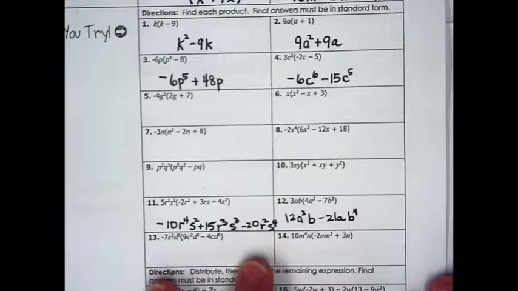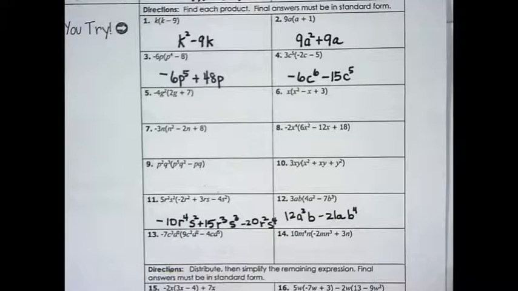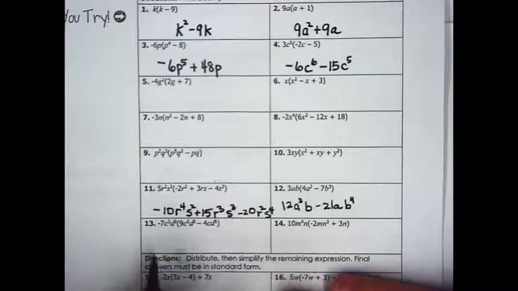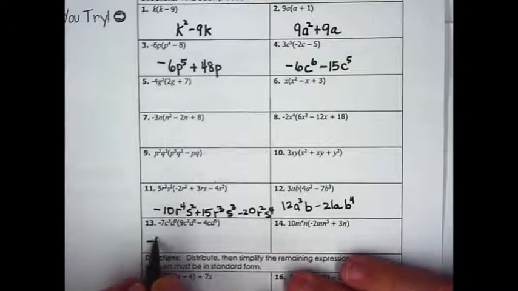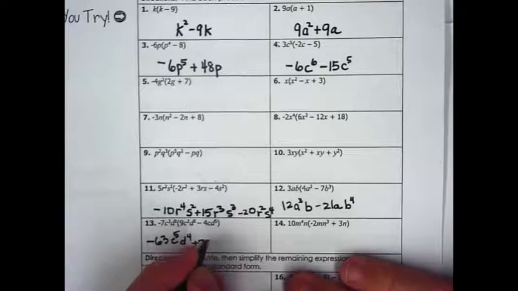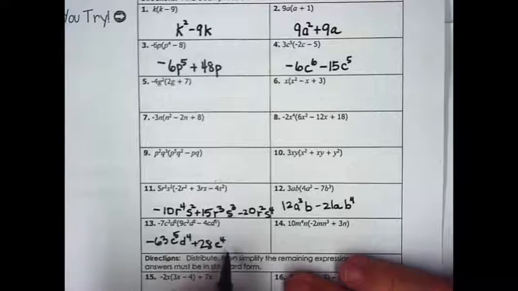Go ahead and practice these two. Stop the video. Practice these two, numbers 13 and 14. If you did this one correctly, here you would have negative 63 c to the fifth d to the fourth plus 28 c to the fourth d to the seventh.